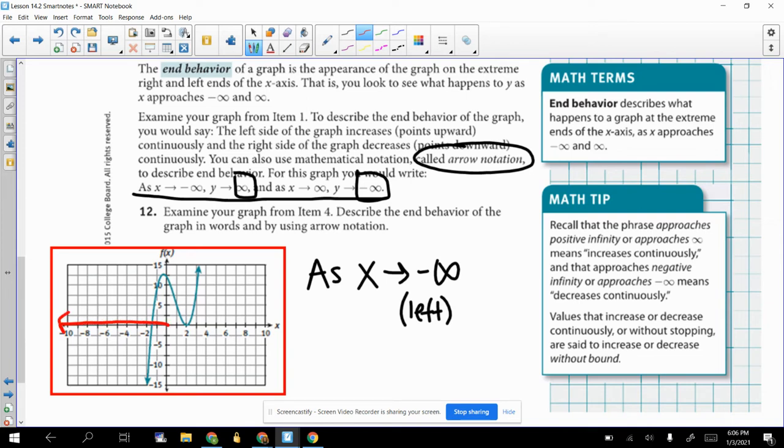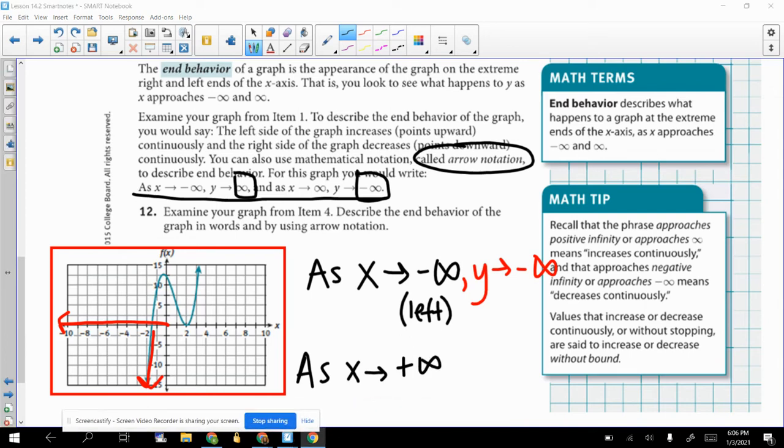So as we do that, what's happening to y? We're going to say y approaches, and basically that means as we move this way, what's happening to our graph? It's pointing down. So we would say y approaches negative infinity. Then you're going to do the other side: as x approaches positive infinity, which is obviously going to be the right side.